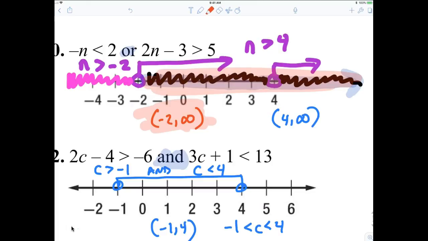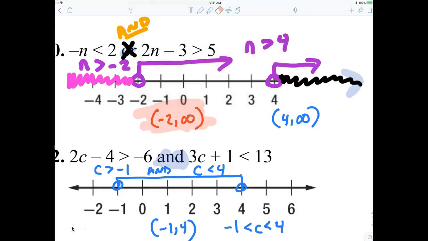Now, I'm going to change it. All right? I'm going to change the or. Now, instead of being or, I'm going to change it to an and. So an and statement means it would have to be true for both of them. So now, the answers in the middle here, are they a solution to both?